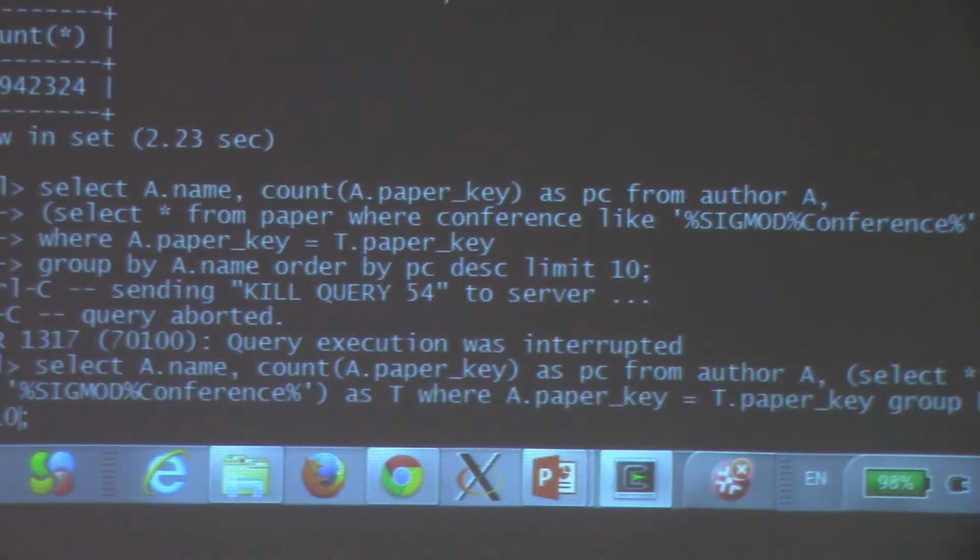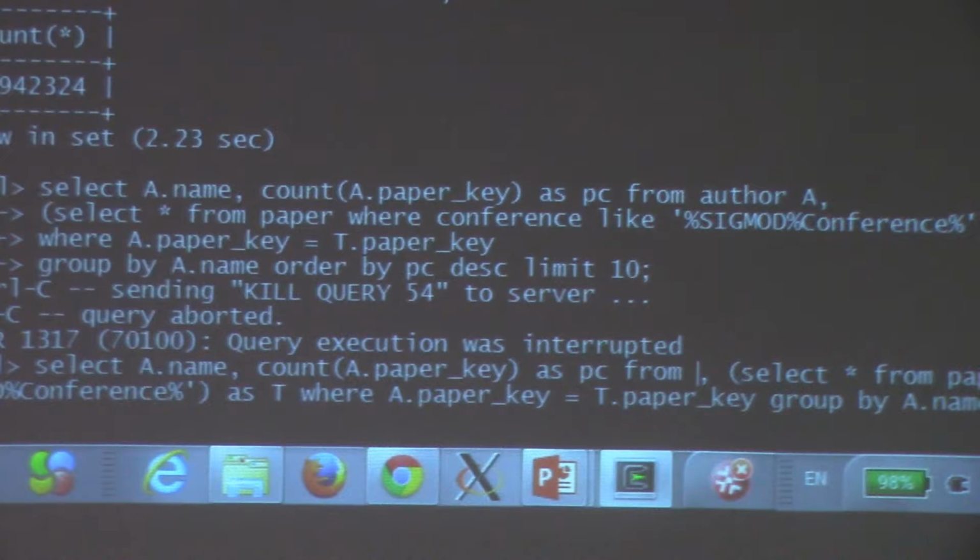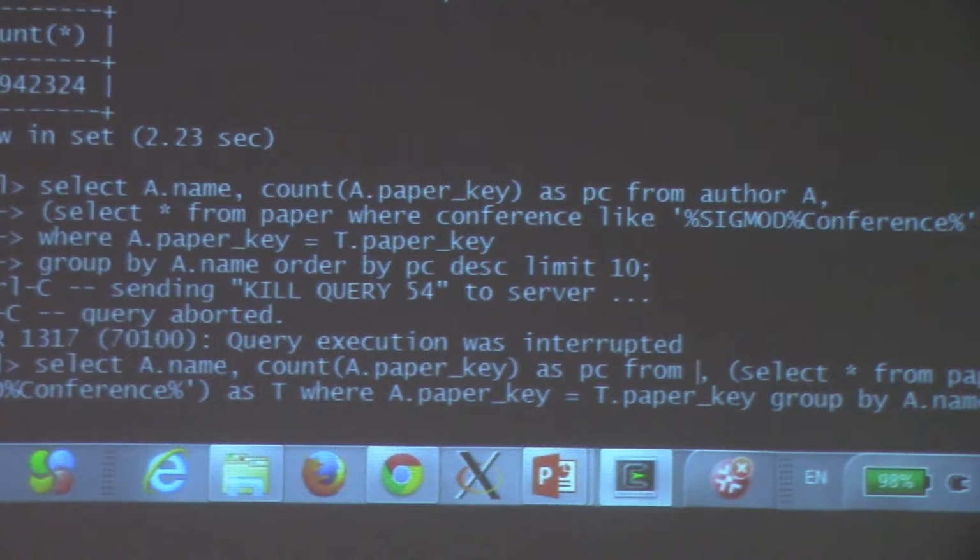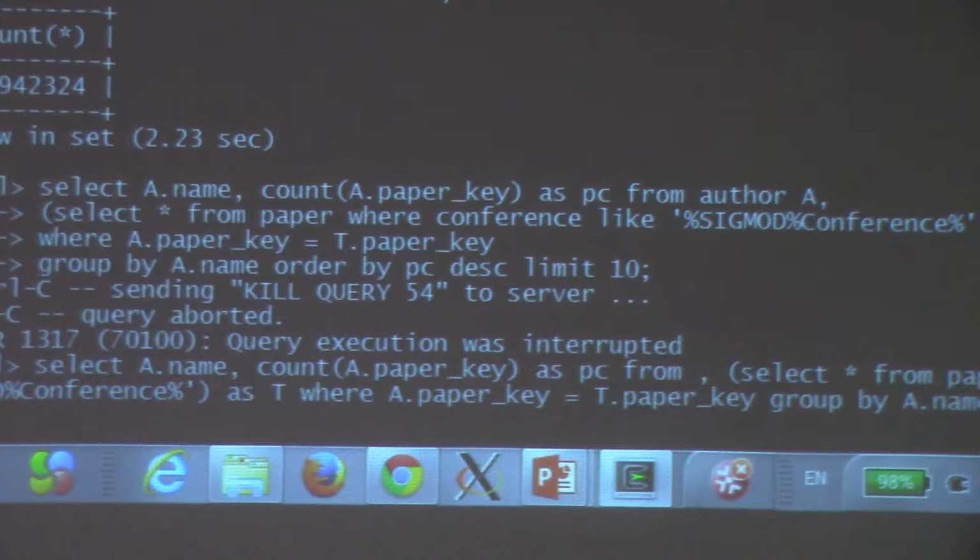So let me cancel this and let's do even better. From the author table, there's another trick you can do, which is under paper key, the Sigmod paper will have a keyword Sigmod, but not only those are Sigmod papers, because you may have additional workshops and discussions and things like that that also have Sigmod, right? But at least that will give us some pruning. And then we further join with only those from the Sigmod papers. You follow me?